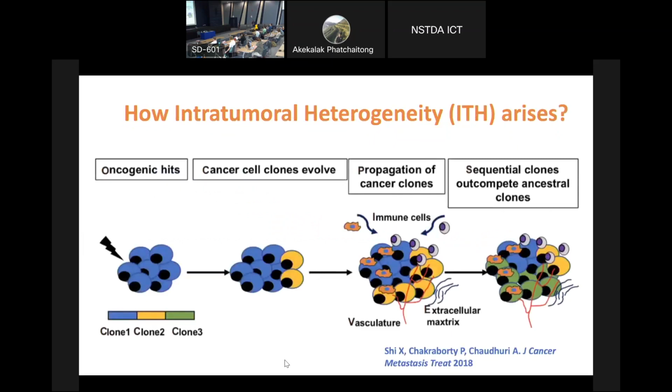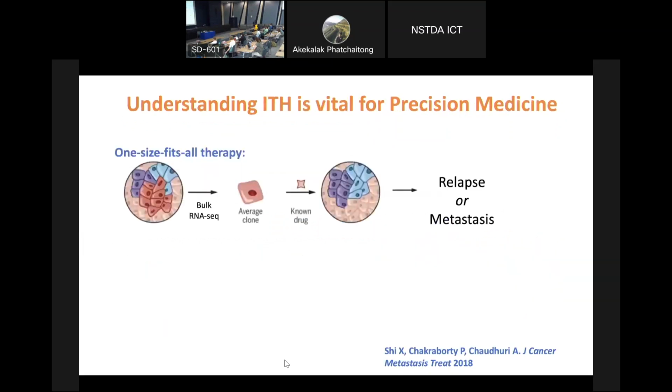Here's an example of what is meant by intratumoral heterogeneity. You have your oncogenic hit, and then cancer cell clones evolve, and over time, the new ones overtake the old ones. So your therapy doesn't end up being very effective. One-size-fits-all therapy is what was pursued with bulk RNA.